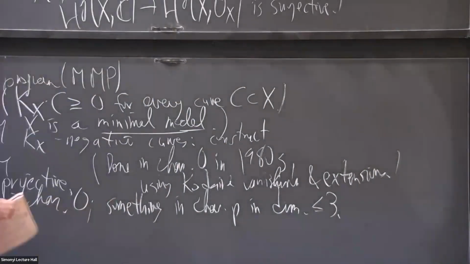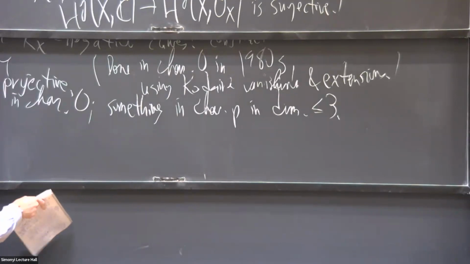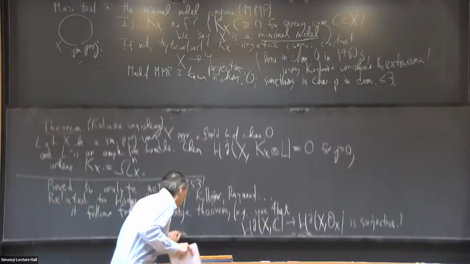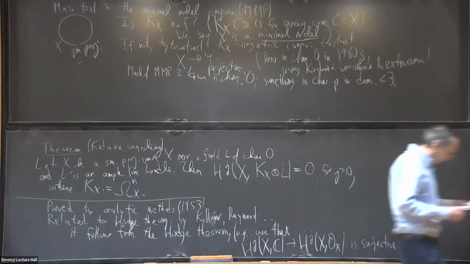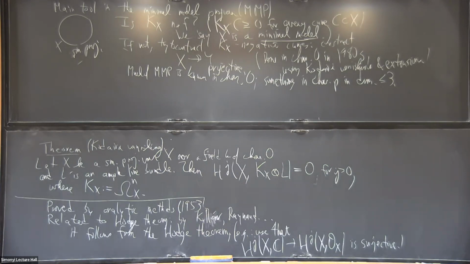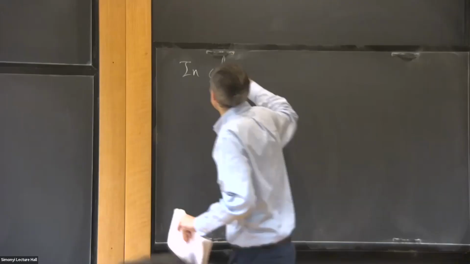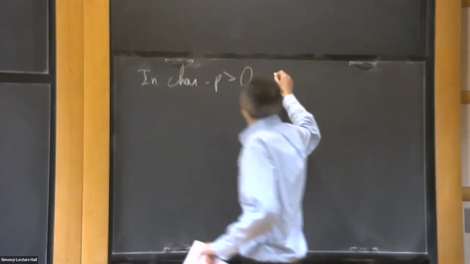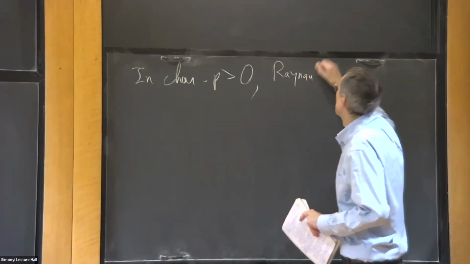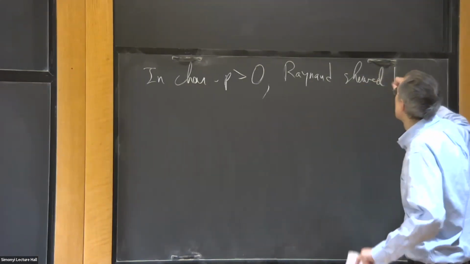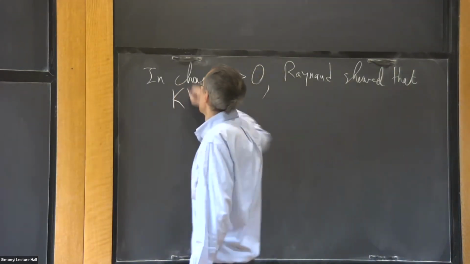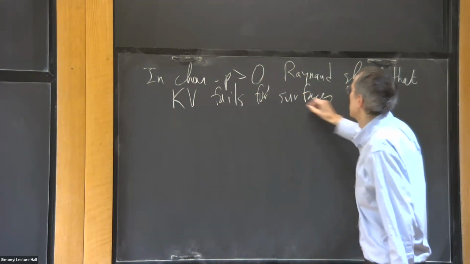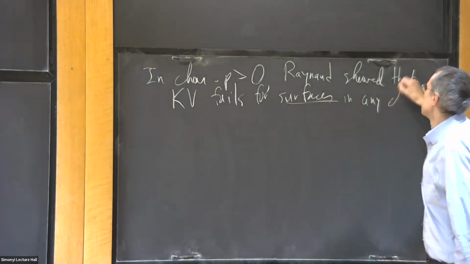So now I'll start talking about characteristic p. In characteristic p, first of all, the Kodaira vanishing theorem is just not true. Raynaud showed that Kodaira vanishing fails even for surfaces in any characteristic p greater than 0.